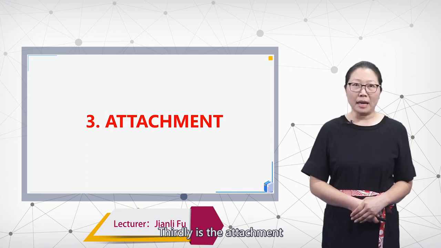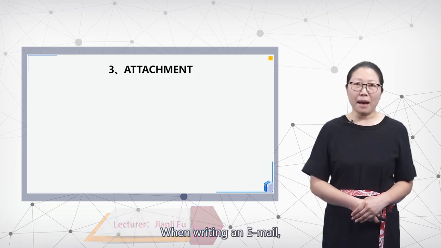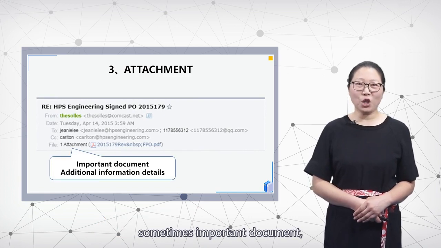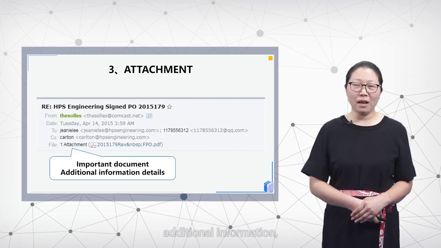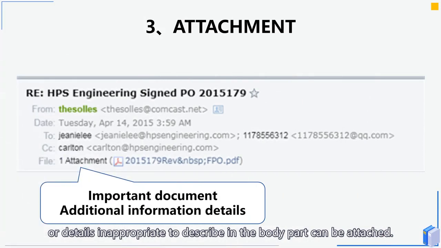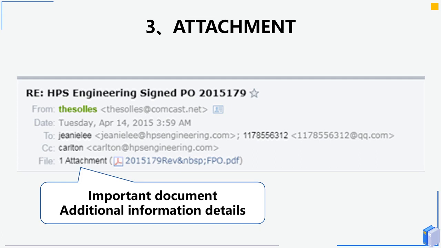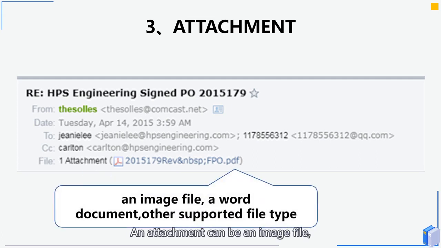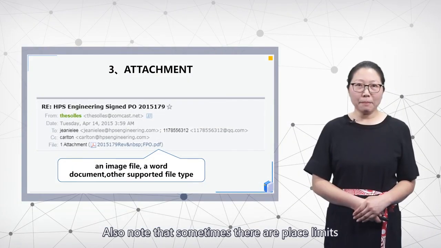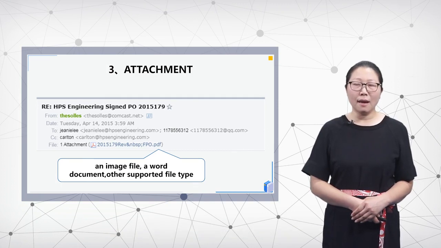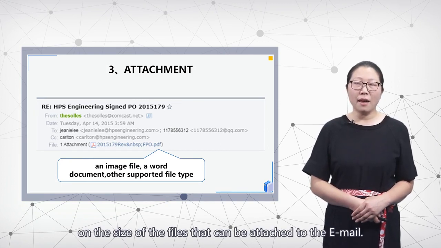Thirdly is the attachment. When writing an email, sometimes important documents, additional information, or details inappropriate to describe in the body part can be attached. An attachment can be an image file, a Word document, or one of many other supported file types. Also note that sometimes there are limits on the size of the files that can be attached to the email.